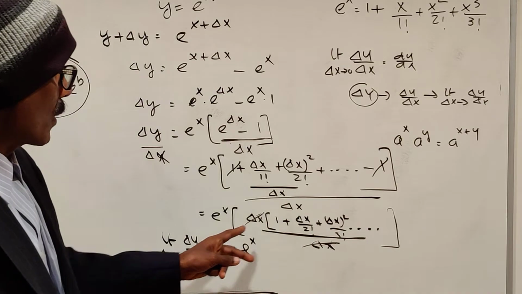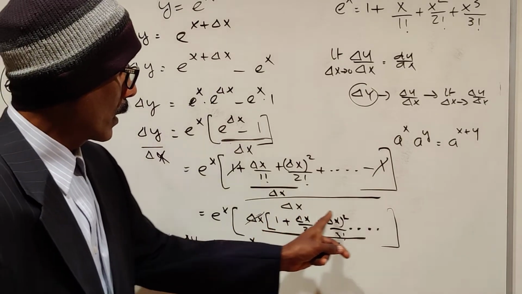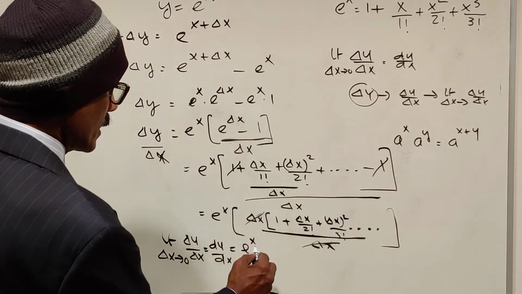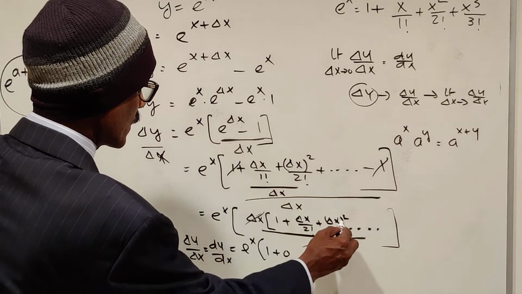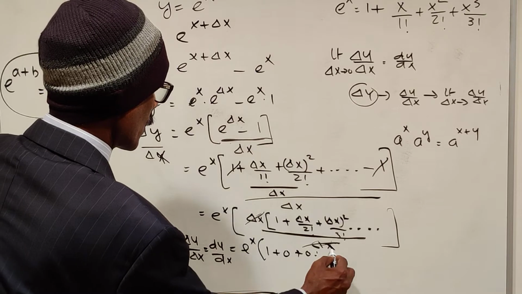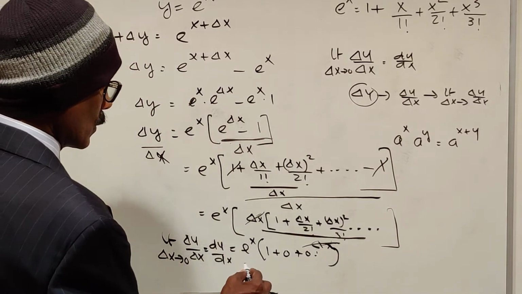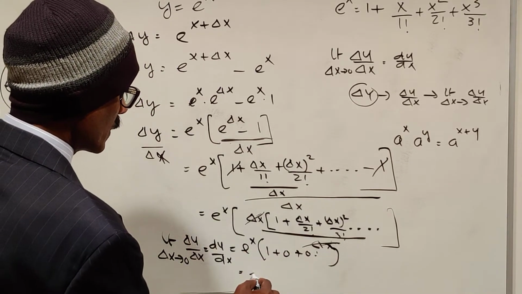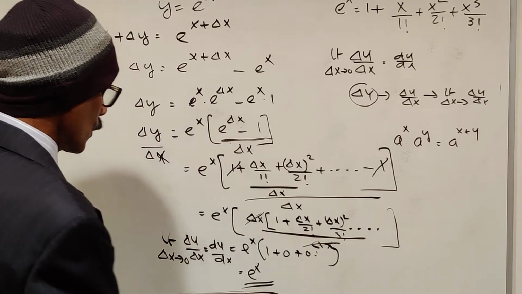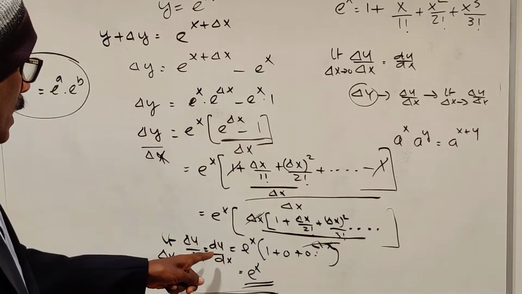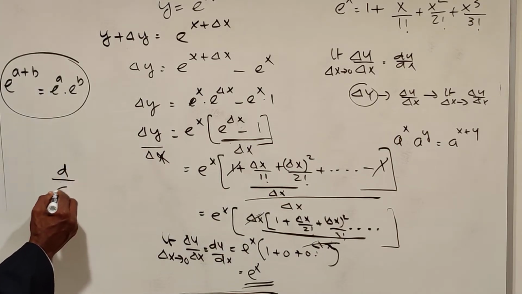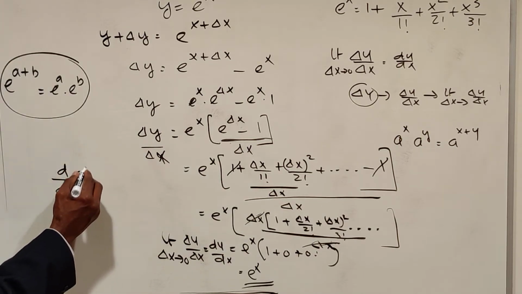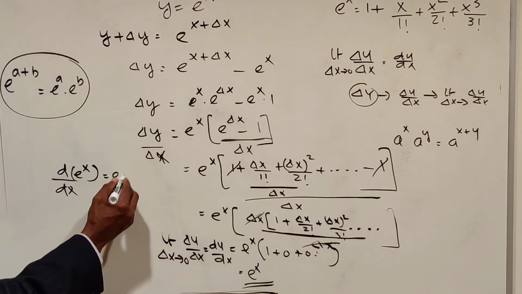Then substitute the value delta x equals 0 in the equation. So 1 plus 0 plus 0 plus etc. Everything is 0 except 1. So e raised to x into 1 is e raised to x. So the derivative of e raised to x is e raised to x. See, this is the formula: d by dx of e raised to x equals e raised to x.